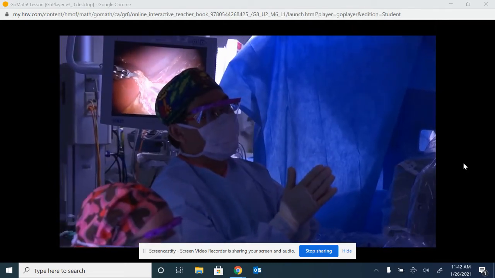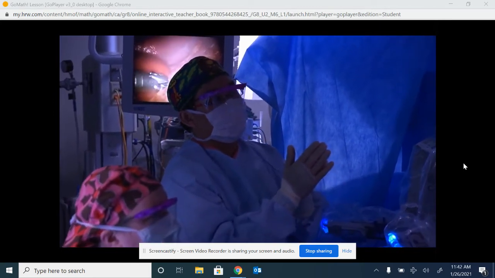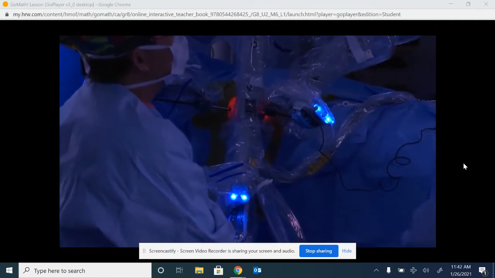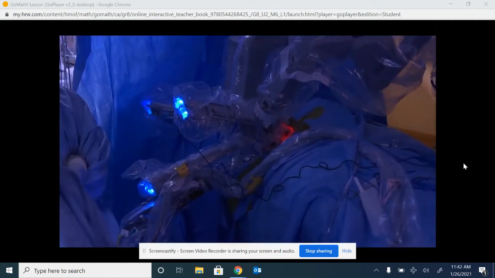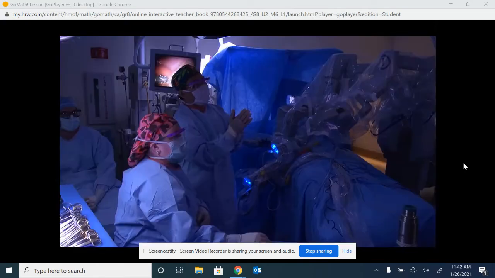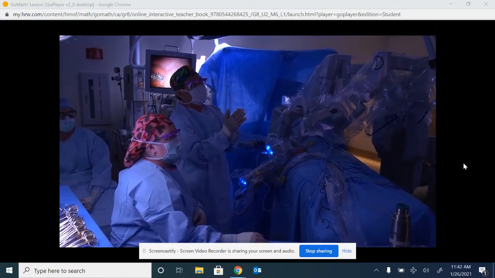Functional relationships ensure that each input has exactly one output. So every time you push the jump button on a video game, your character jumps. And every time the surgeon moves to the right, Wally also moves to the right. Without a functional relationship, I sure wouldn't want Wally performing a surgery on me. And that's another reason math matters.